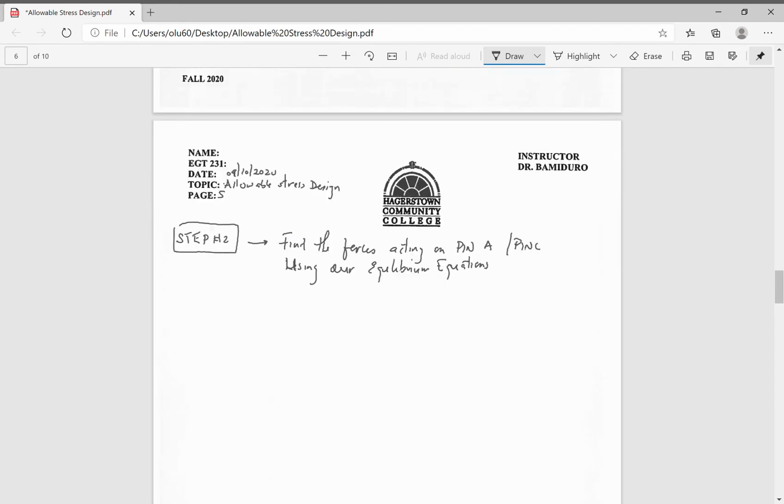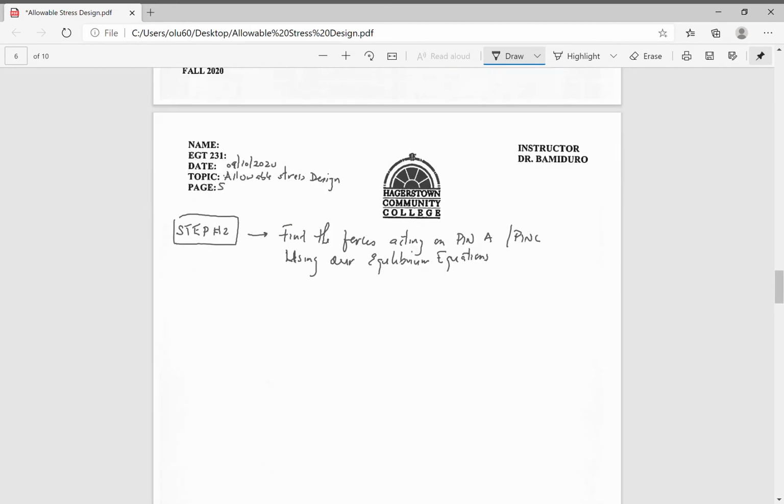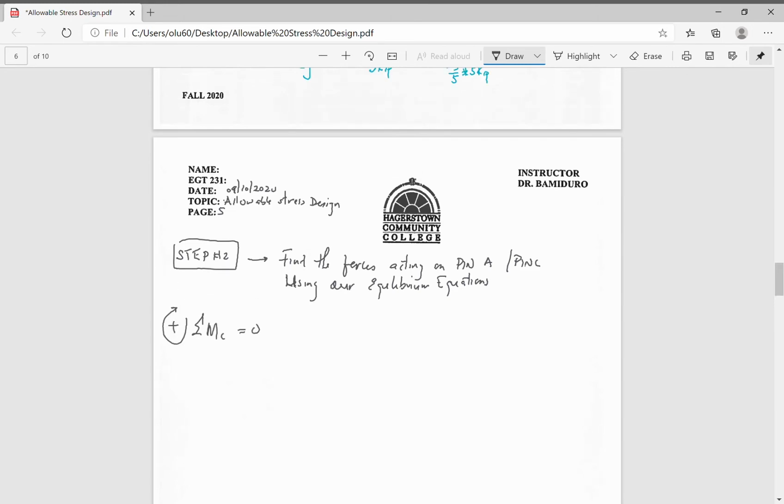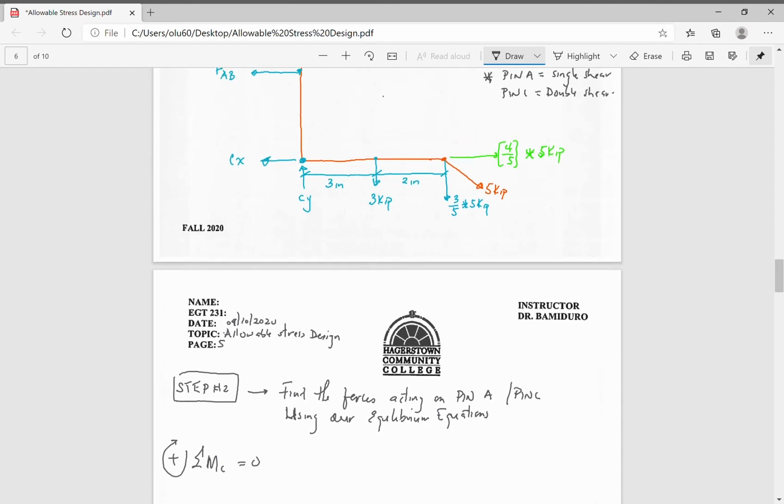Okay? So let's start with the sum of the moments about point C. This is our point of interest right here, and this right here is going to be 8 inches.